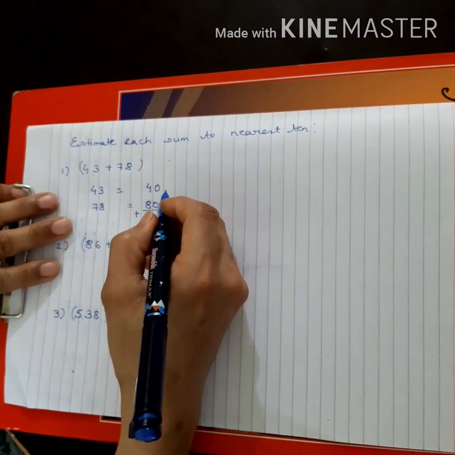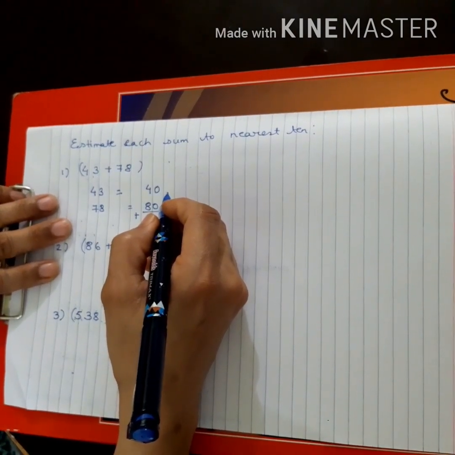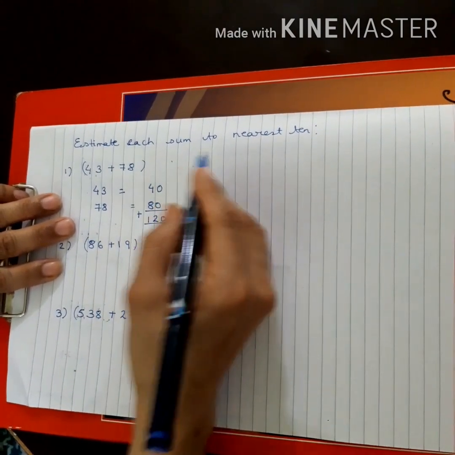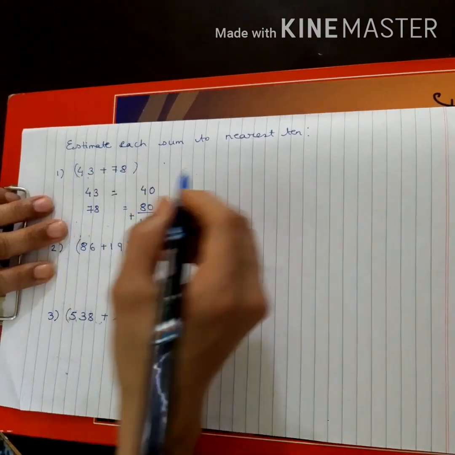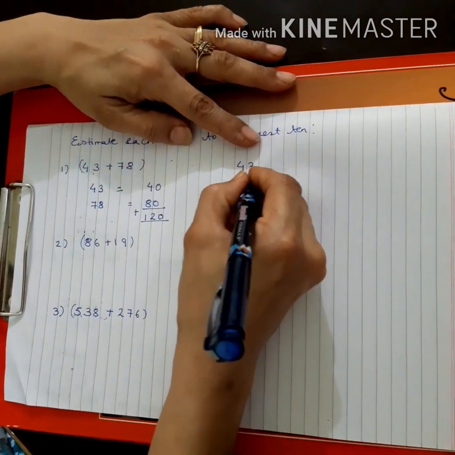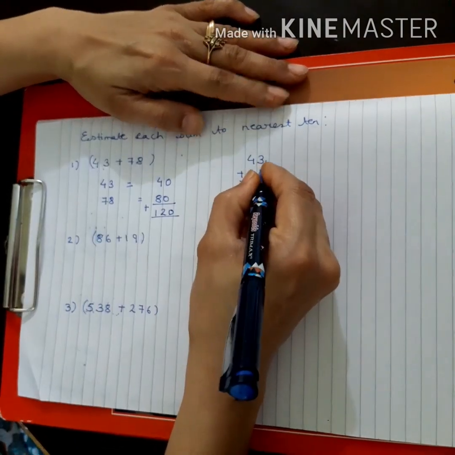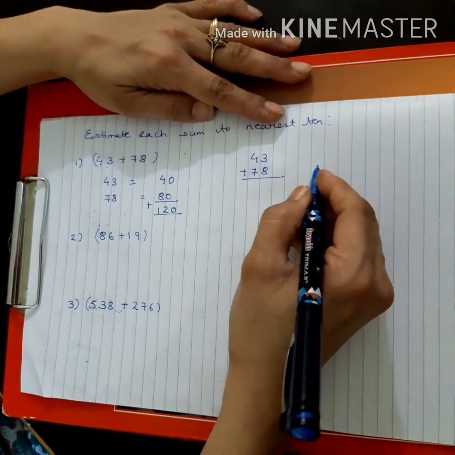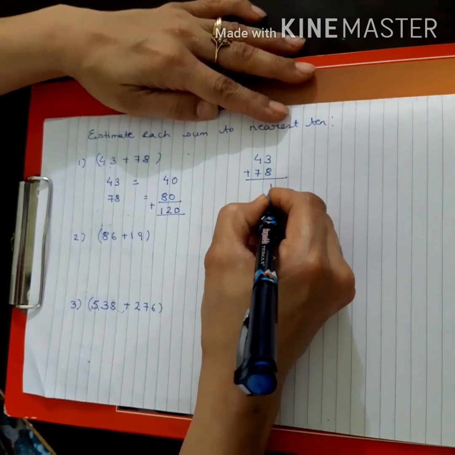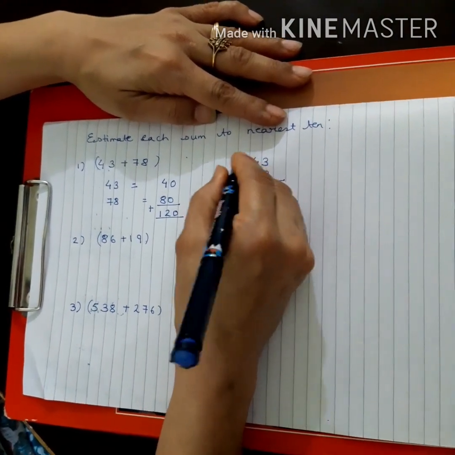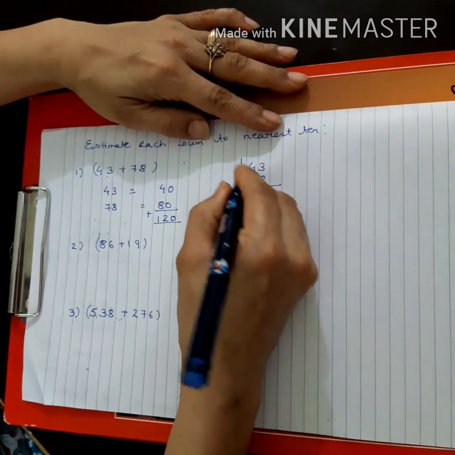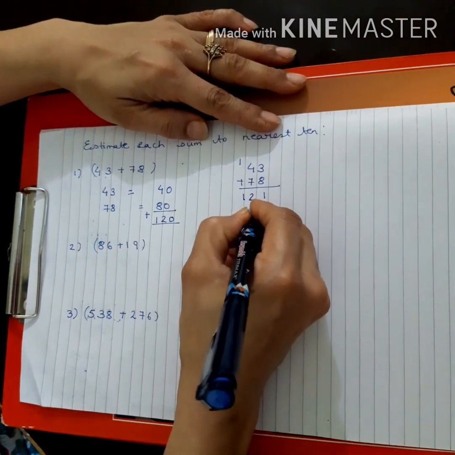There is another method also of finding the sum. What we can do, first we will add both the numbers and then we can round off the sum to nearest tens. When we will add both the numbers, it will become 8 plus 3 is 11. It becomes 121.